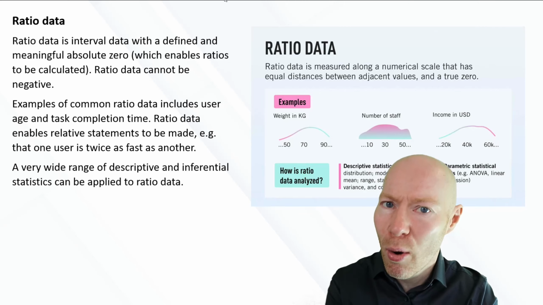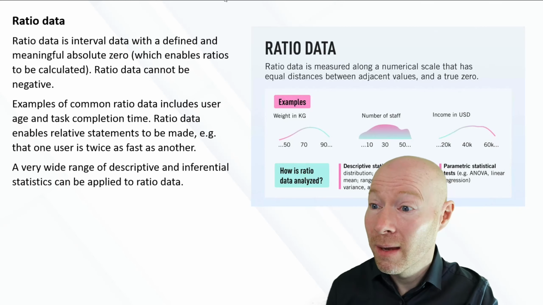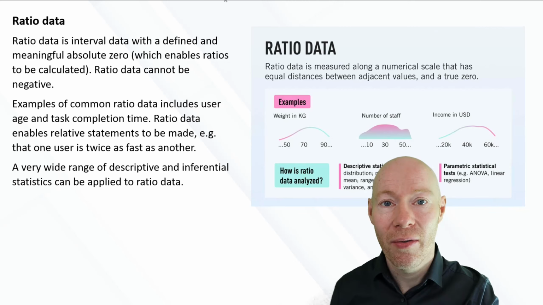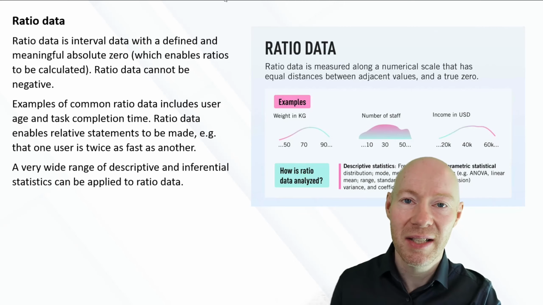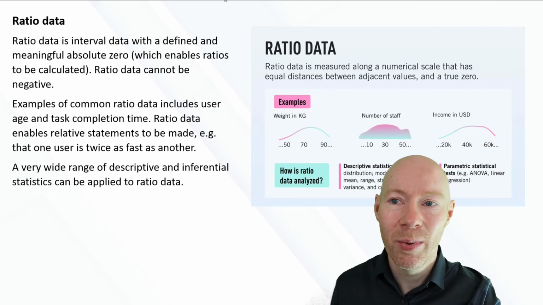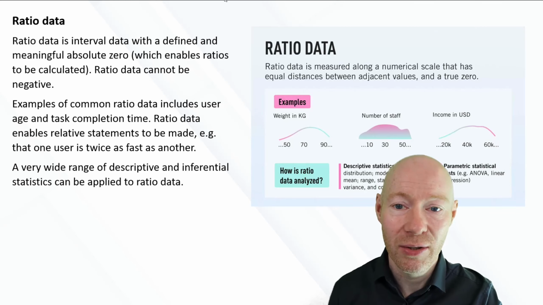We're always talking about positive values in terms of the things that we measure. With ratio data, a very wide range of descriptive and inferential statistics can be used. It sort of opens up the full range that we have available. So if we can measure this type of metric, we'll be able to analyze it in quite a rich manner.